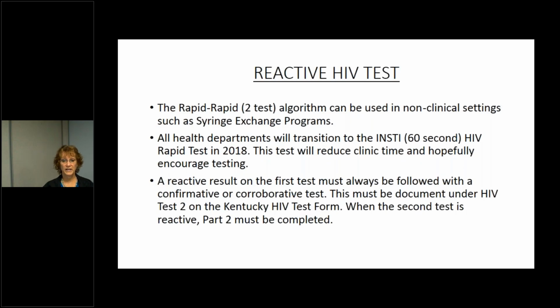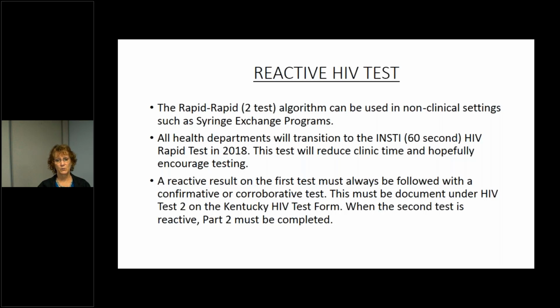With a reactive HIV test, we have used the rapid algorithm for over a year now, and it's a very good method to get individuals who have 2 reactive tests linked into care.